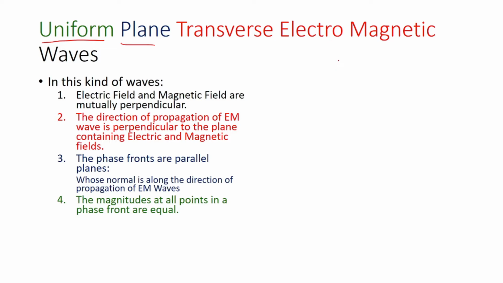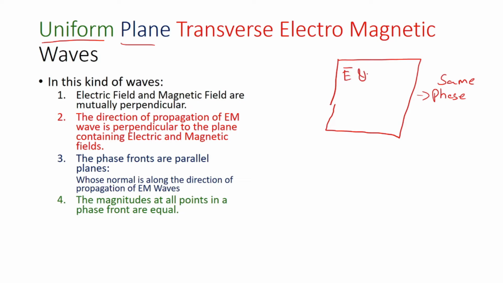So if I have a phase front, by definition, all points on this plane have same phase. That is by definition of a phase front. But when I am talking about a uniform plane wave, at any point on this plane, the value of electric field and magnetic field are constant.